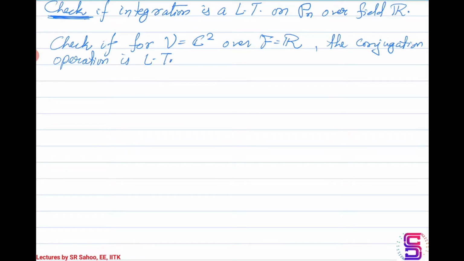Check this. What happens when the underlying field is complex?